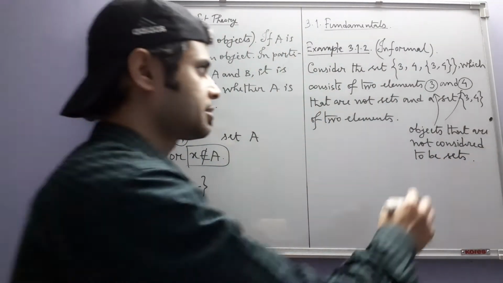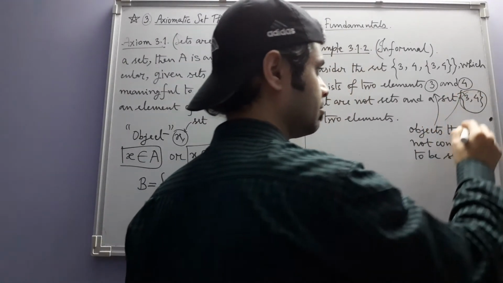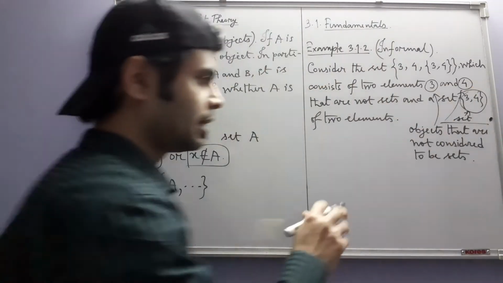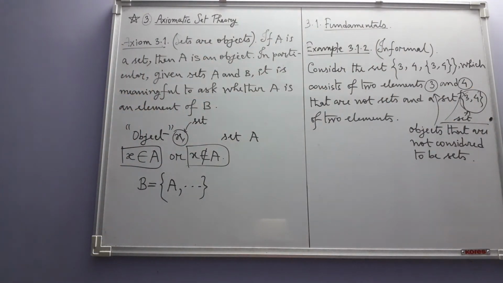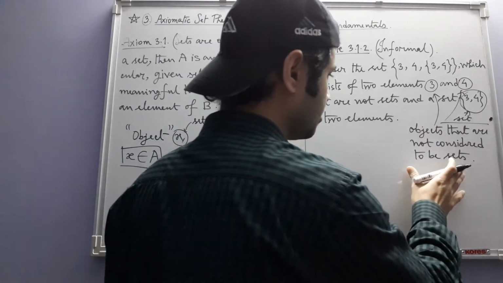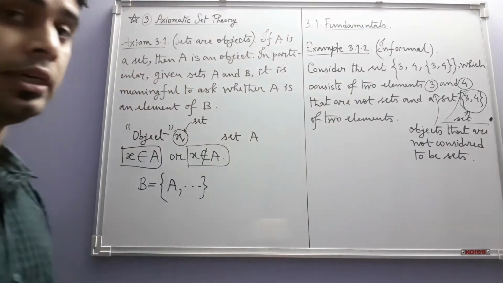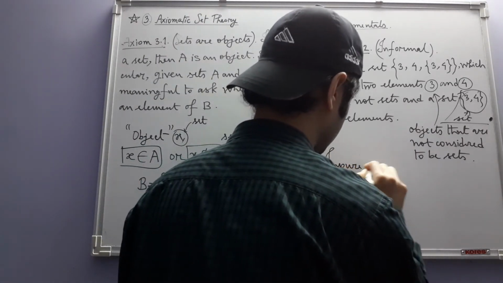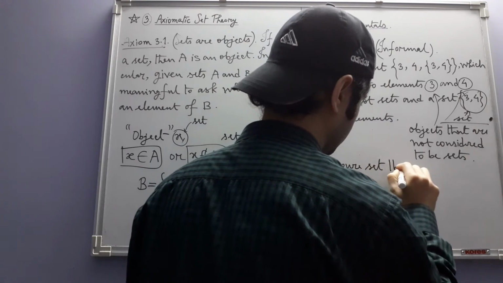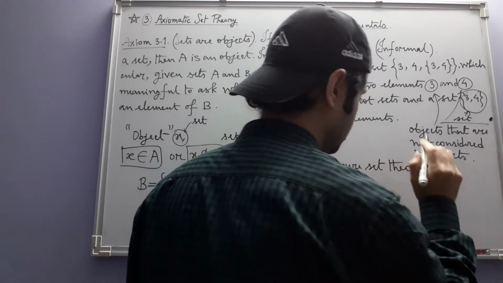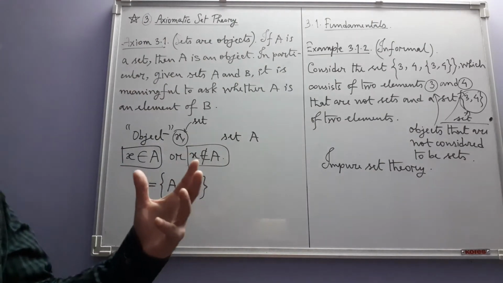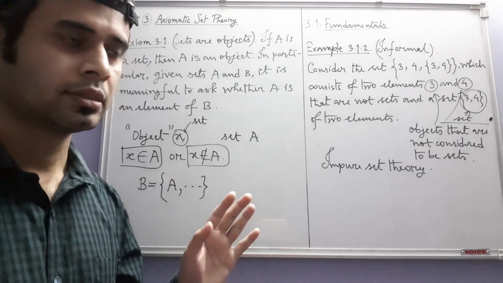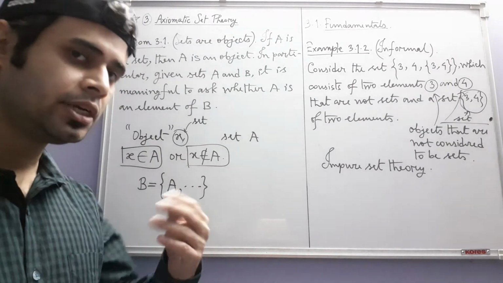But of course, there are some other objects which are sets, right? So this is a set, as opposed to those, their natures are different. Now, this is an example of an impure set theory. An impure set theory is a theory in which not all objects are sets. In a pure set theory, every object is a set.